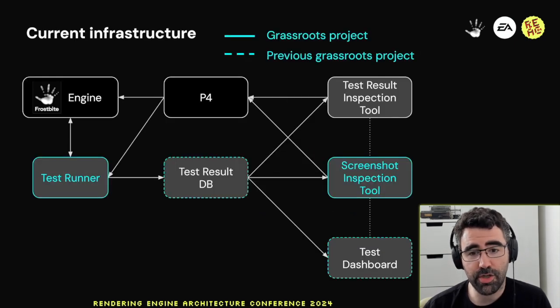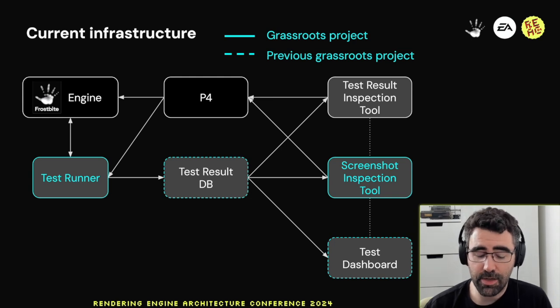On our infrastructure, the same thing. Everything that is fully blue here is a project that started as someone's Action Week project, basically. And everything that is dashed is a second project that has been built to replace a previous grassroots project.